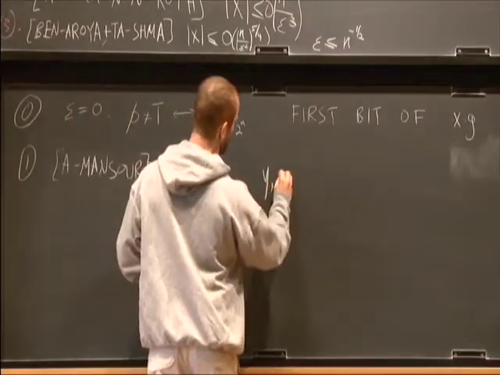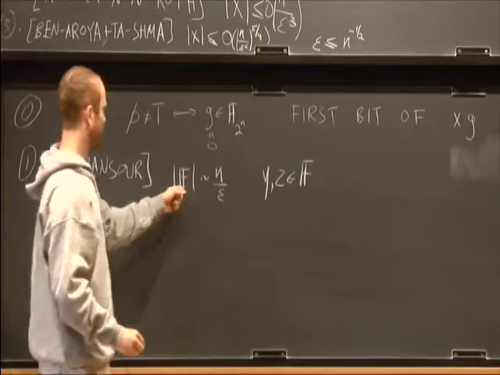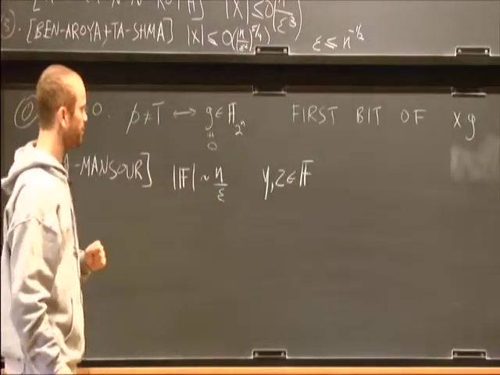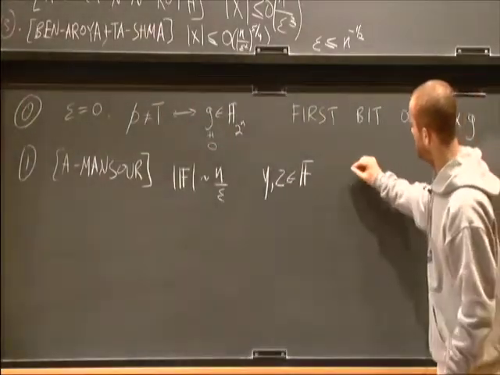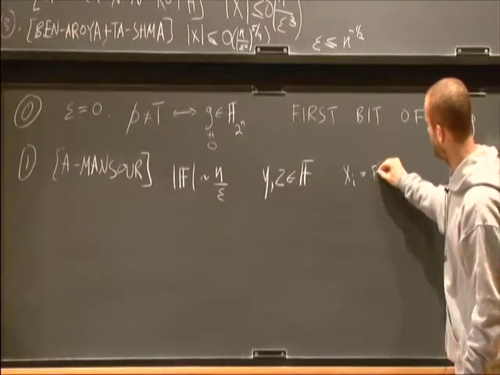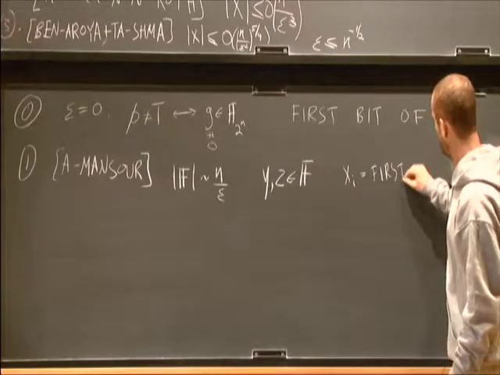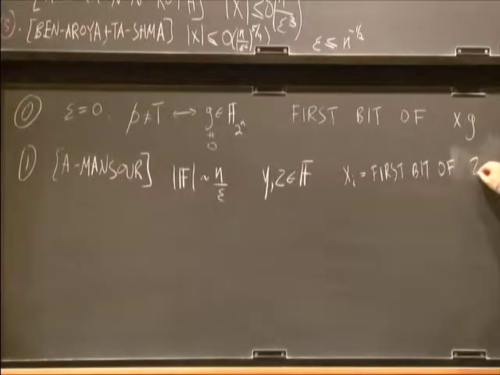We will choose Y and Z in this field, and then Xi will be the first bit of Z times Y to the power of i.